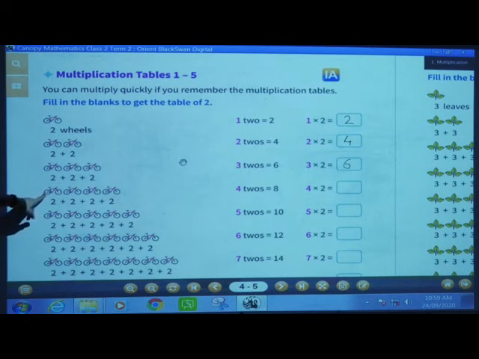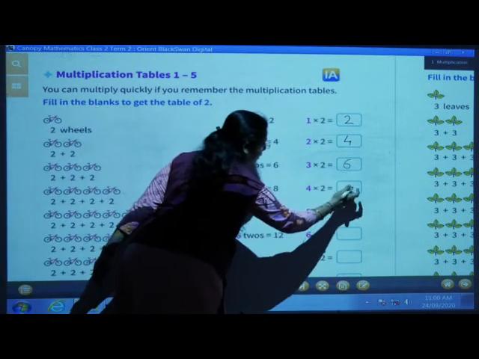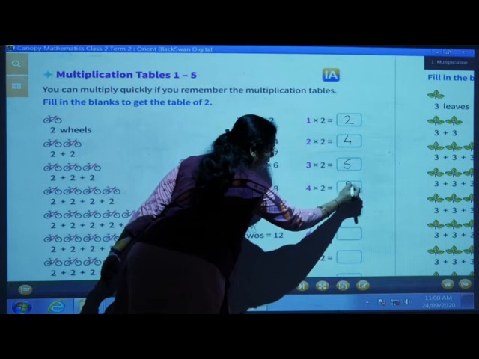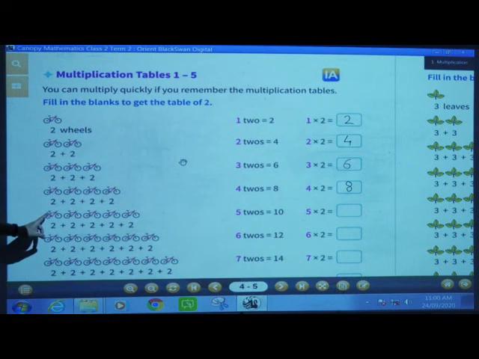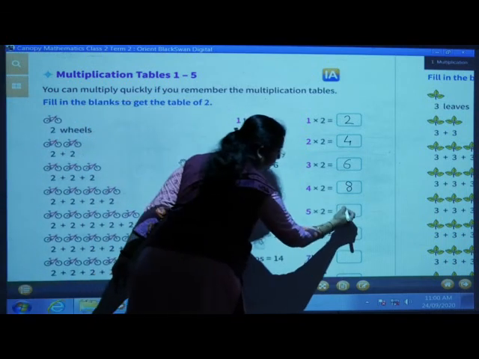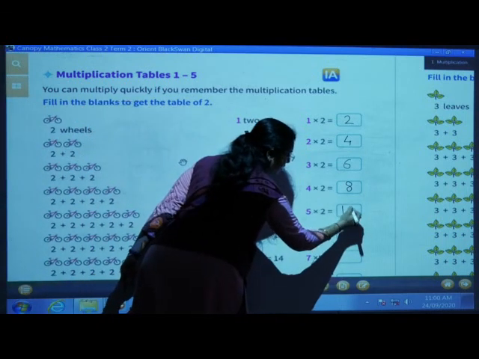Next, 1 2 3 4 bicycles are here, means 4 2s are what? Yes, 8. Next, here 5 bicycles and each bicycle has 2 wheels, means 5 2s are 10.